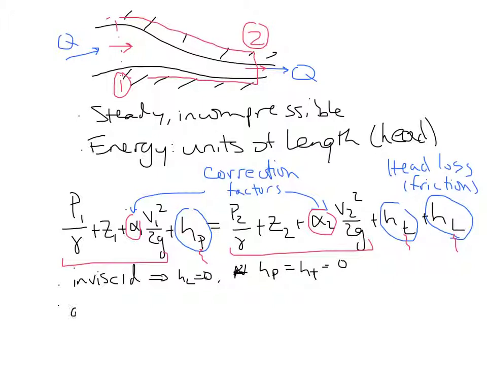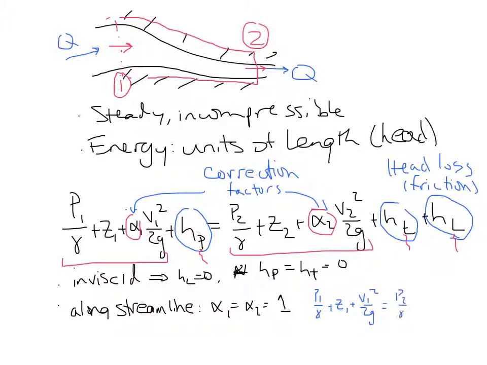And finally, along a streamline, if we constrain our analysis to flow along a streamline instead of a closed conduit, then alpha 1 equals alpha 2 equals 1. With those restrictions, the energy equation reduces to P1 over gamma plus Z1 plus V1 squared over 2g is equal to the same quantities at location 2, P2 over gamma plus Z2 plus V2 squared over 2g.